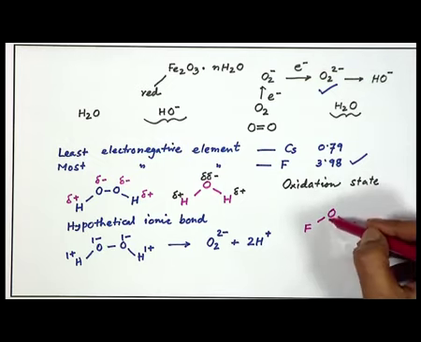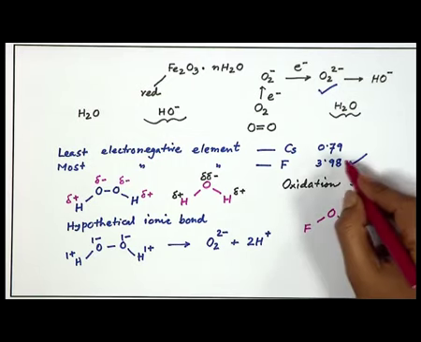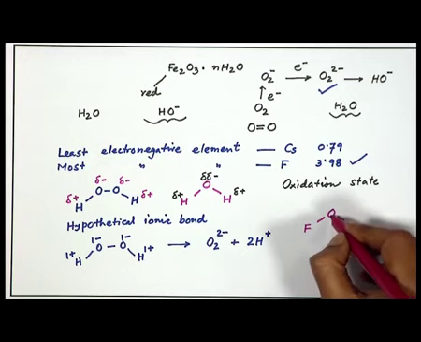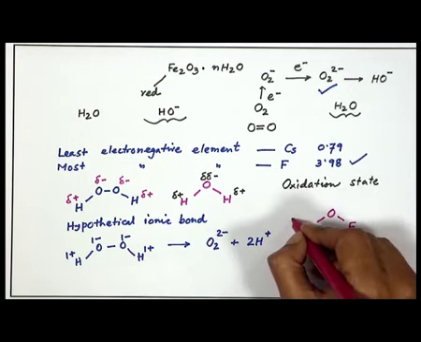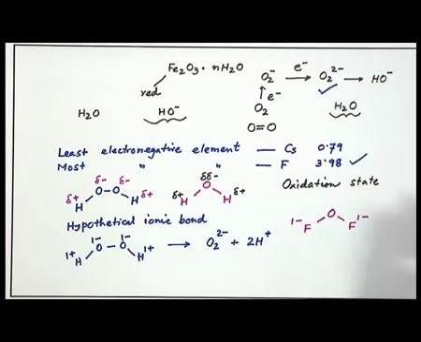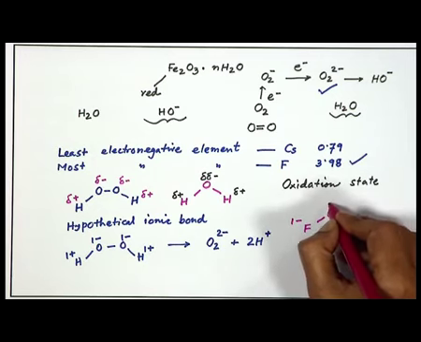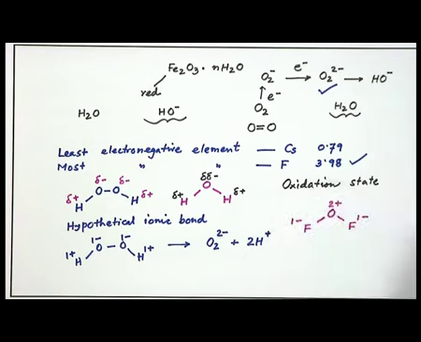The difference between oxygen and fluorine is there, 3.44 and 3.98. Therefore, the separation will give rise to a negative charge on F minus. So, F minus will always be there as a negative charge and this O will be O2 plus.